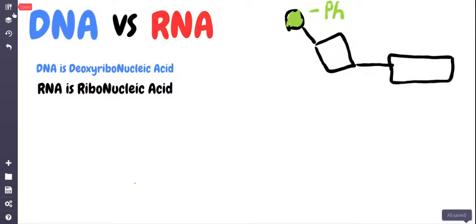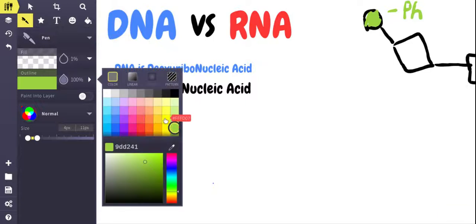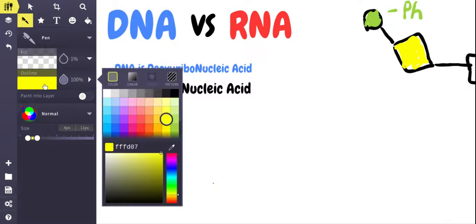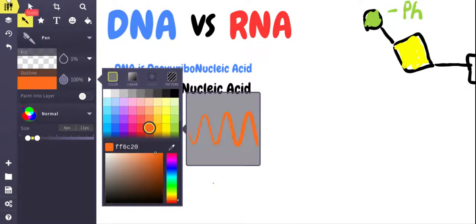This one I'll color in with yellow, and that is sugar. But it's not like the ones we eat. It's different, but it's a type of sugar.